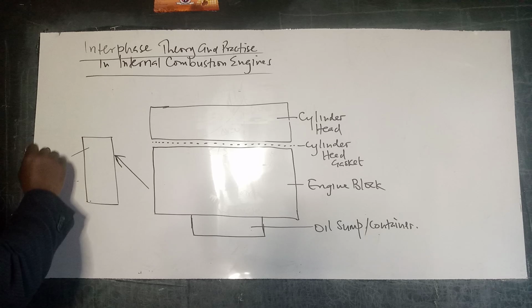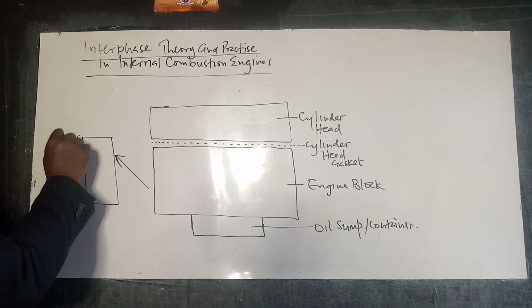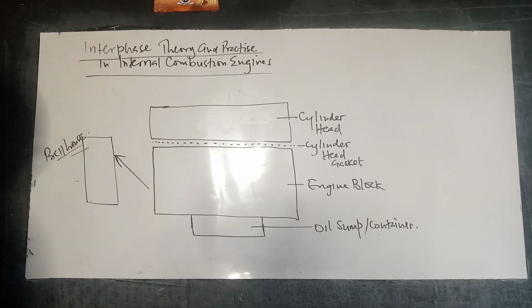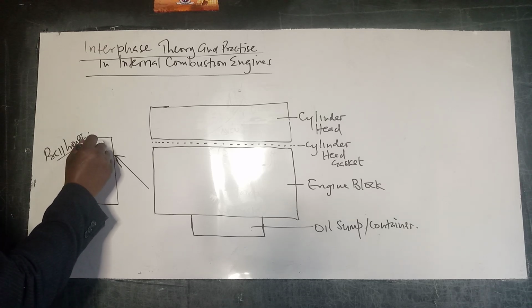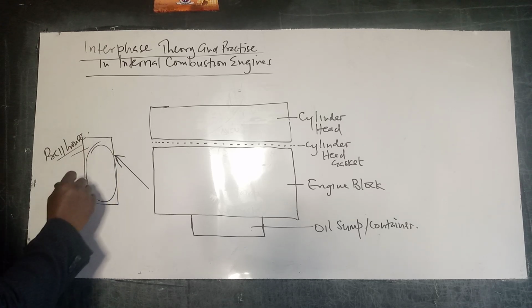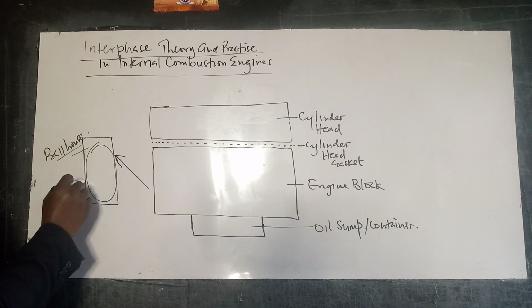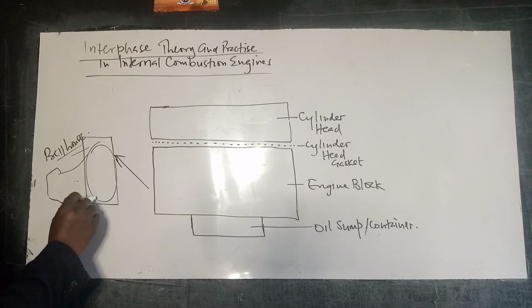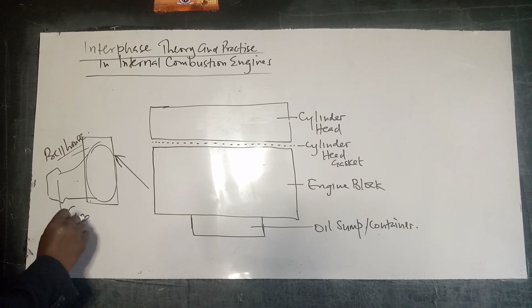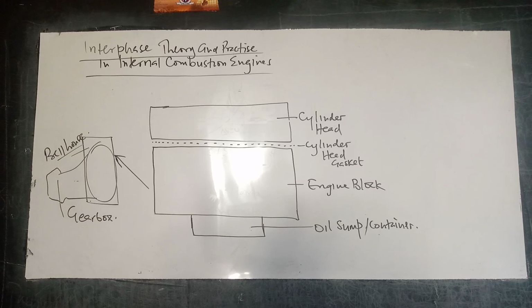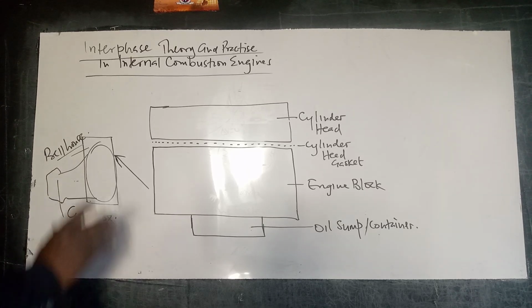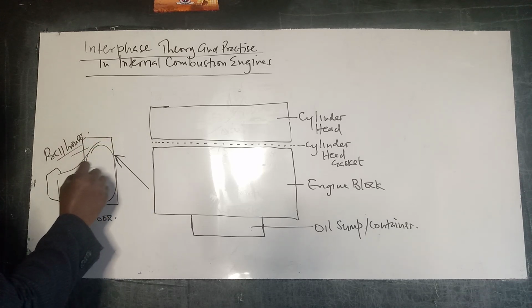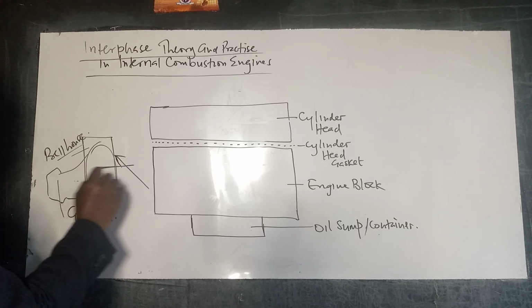We have what's called the bell housing, where we have our gearbox. We are keen about that because the bell housing will be connected to the crankshaft. There's a shaft here, which will get into the engine block.